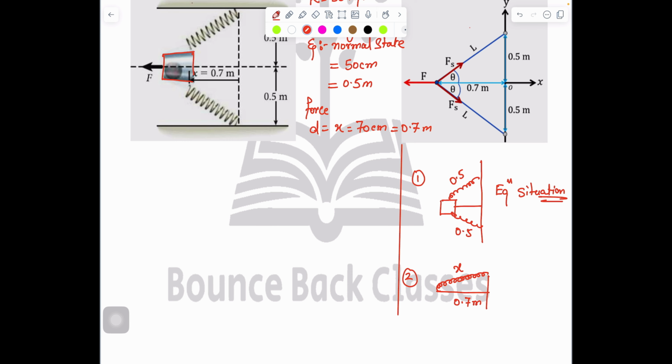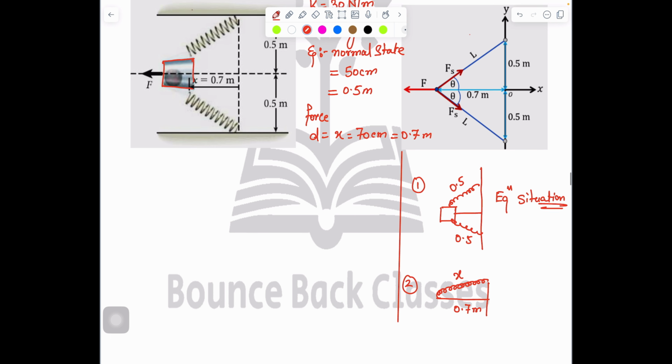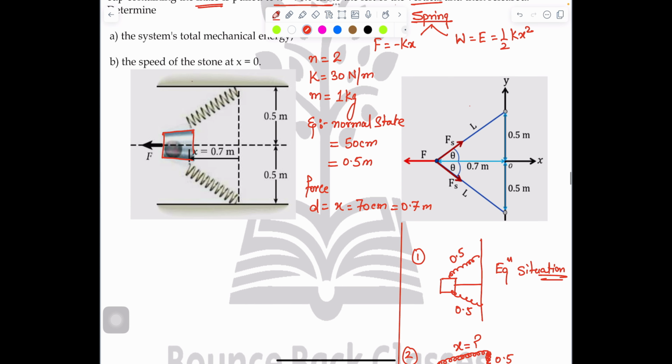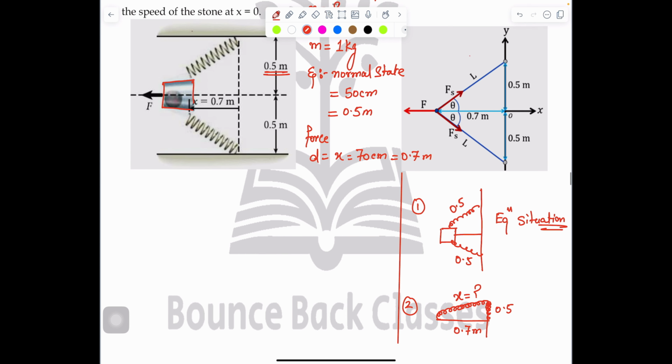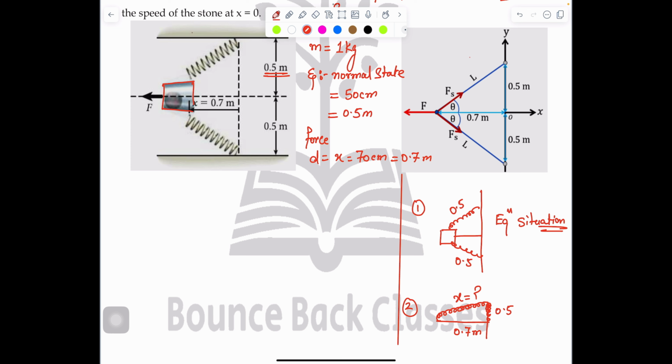We need to find this new distance. If you understand this, the question will be easy for you.